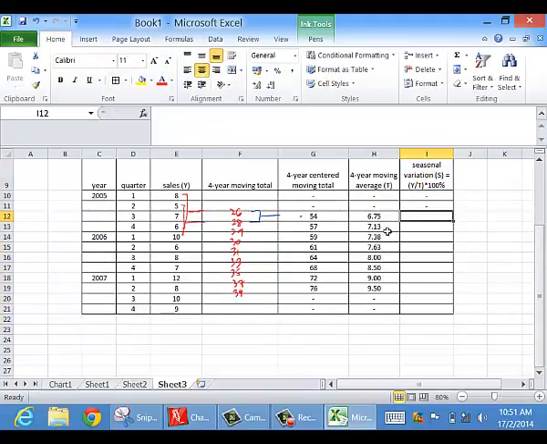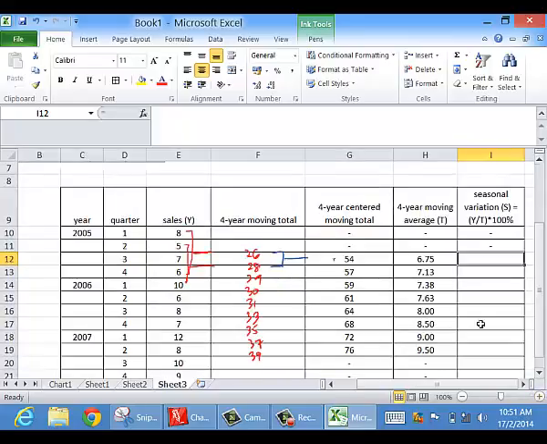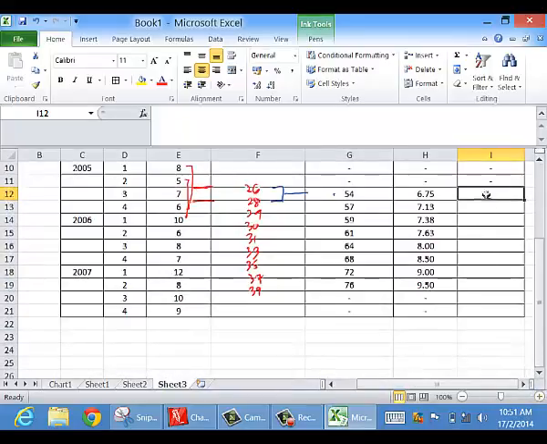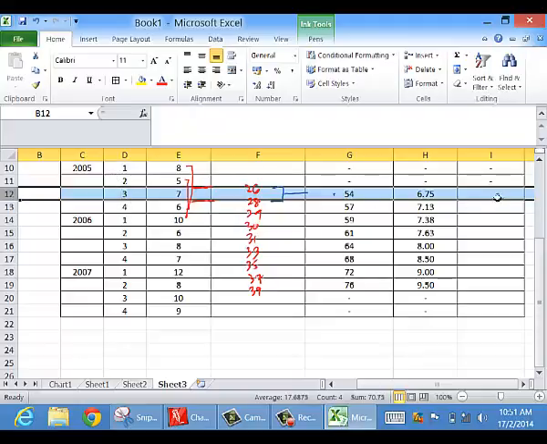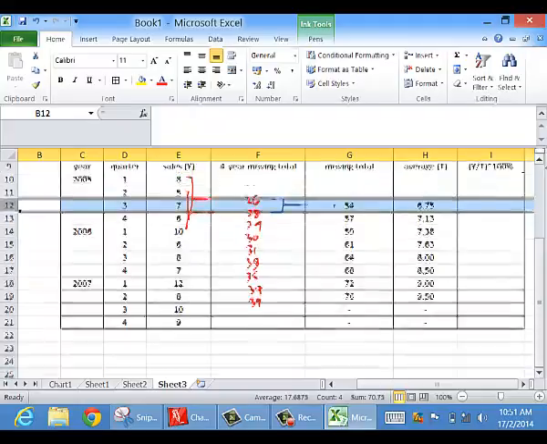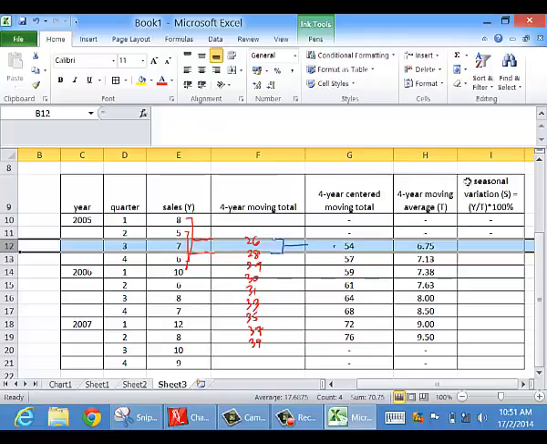The second step: for year 2005, quarter number 3, using the formula, sales is your y, moving average is your t. Y divided by t multiplied with 100%.